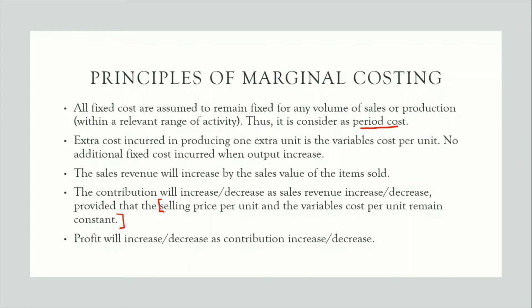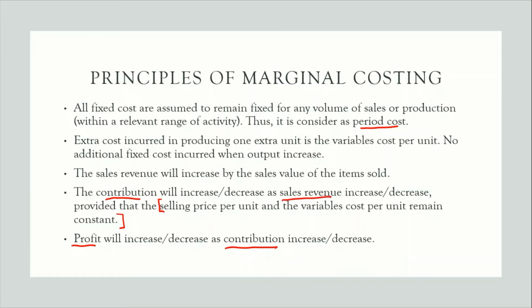And if the contribution decrease, which means the sales revenue decrease. It is a linear relationship, a direct relationship. When revenue goes up, contribution goes up as well. Okay, so profit will increase as contribution increase, and profit will decrease if contribution decrease. The same as before, it is a linear relationship. Both go up or down the same way, for profit and contribution, as well as contribution and sales revenue.